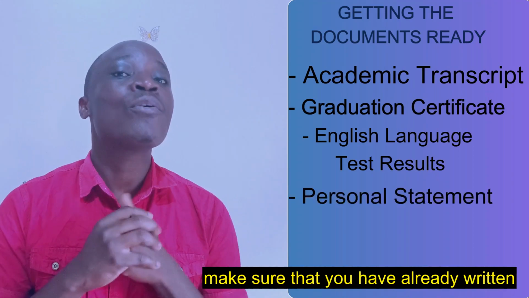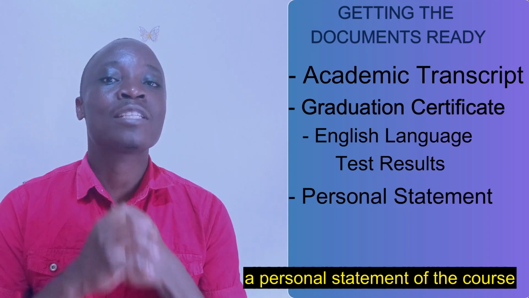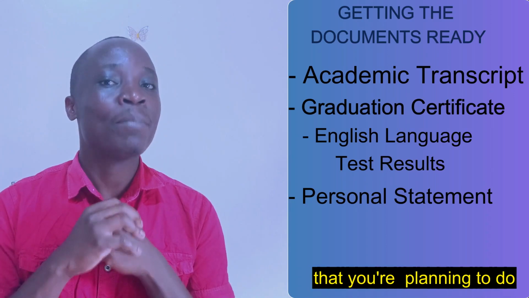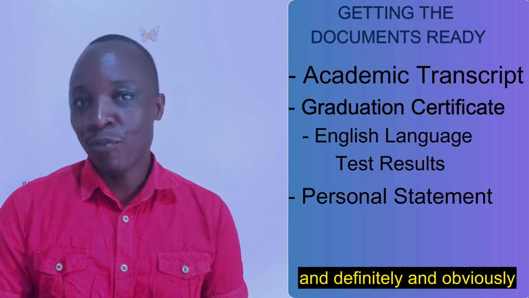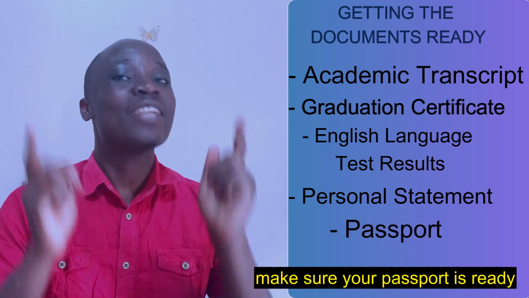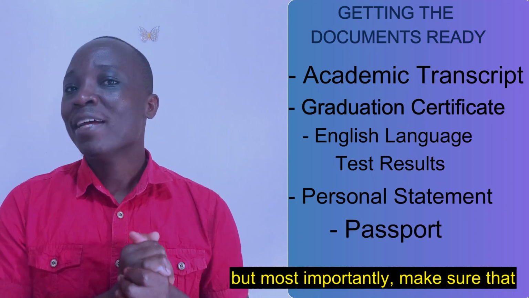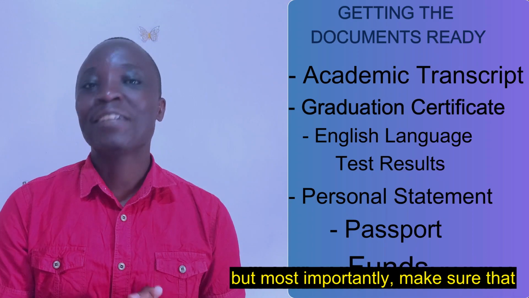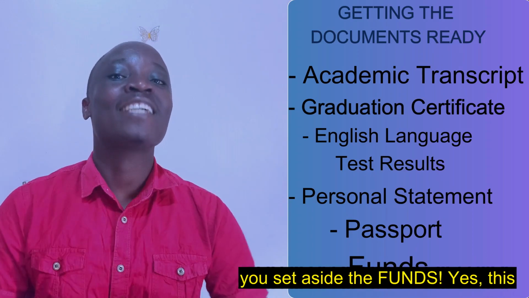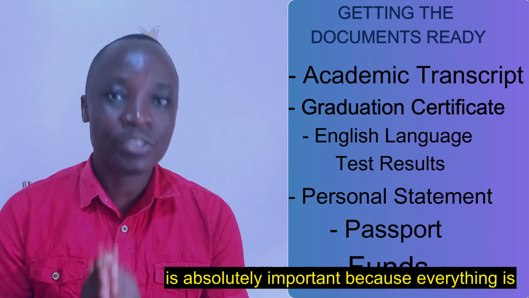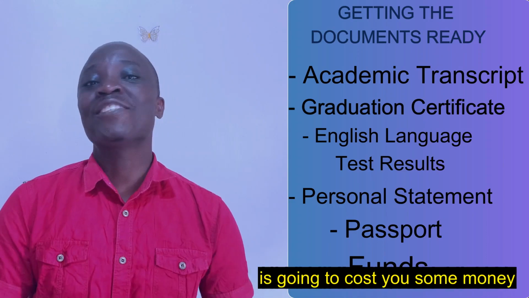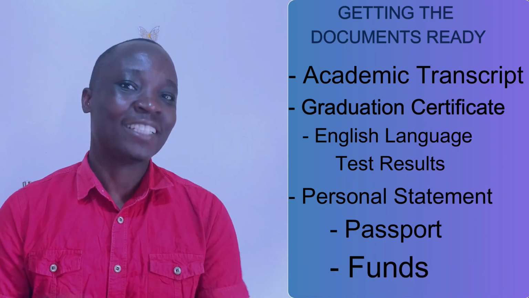Make sure that you have already written a personal statement of the course that you are planning to do. And definitely and obviously, make sure that your passport is ready. But most importantly, make sure that you have set aside the funds. Yes, this is absolutely important because everything is going to cost you some money.